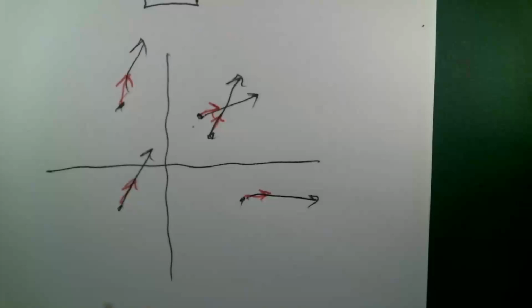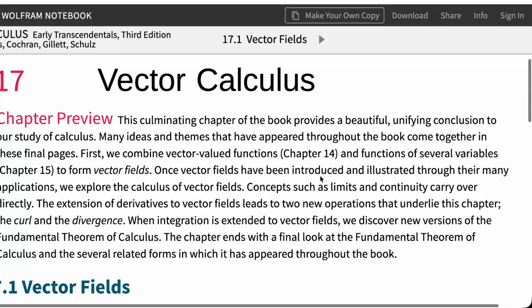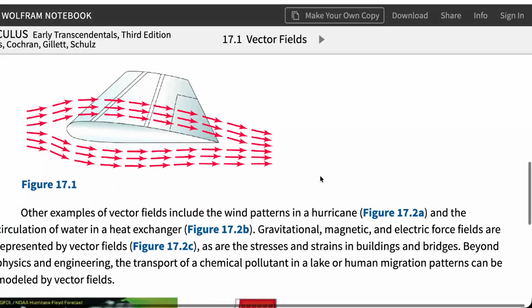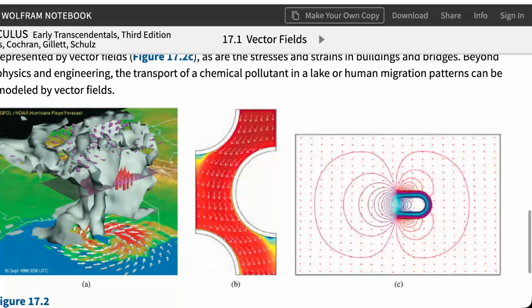So let's transition to looking in the text, and I'll show you what I think is a really nice little app they throw in at us. But there's, oh, great pictures: airflow over a wing. That's a vector field. That's a solid model of a hurricane weather system, and what's down there in the XY plane is the surface winds.